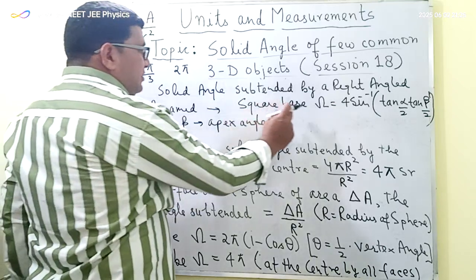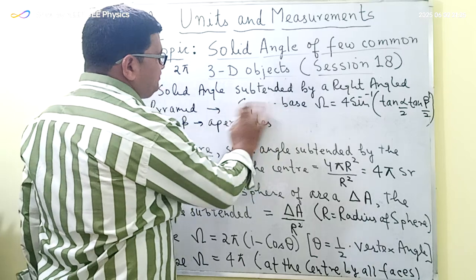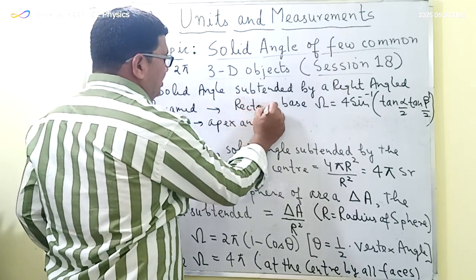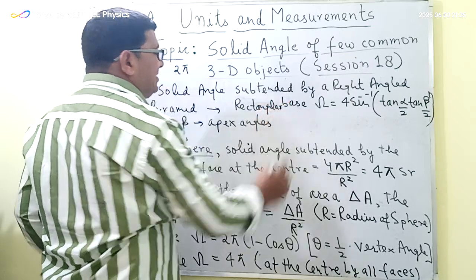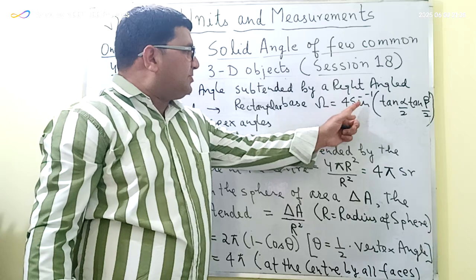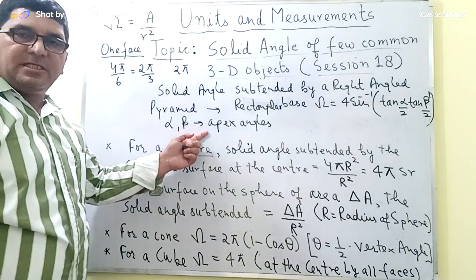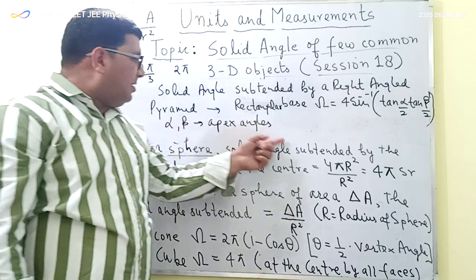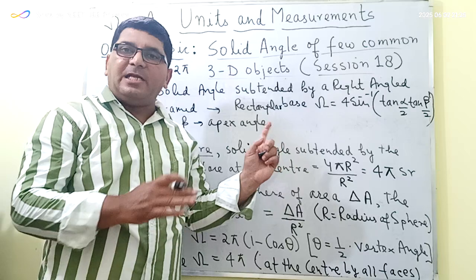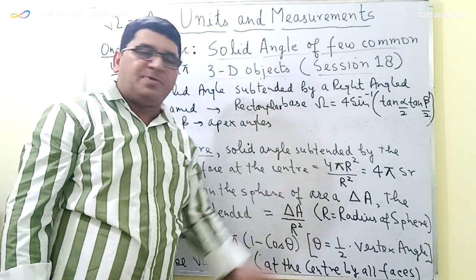Sorry, this is in the case of a rectangular base. This formula is applicable in the case of a rectangular base. That is, the solid angle will be equal to 4 sine inverse tan alpha by 2 into tan beta by 2, where alpha and beta are the apex angles and the angles between two pairs of consecutive lateral edges which are meeting at the apex of the pyramid.